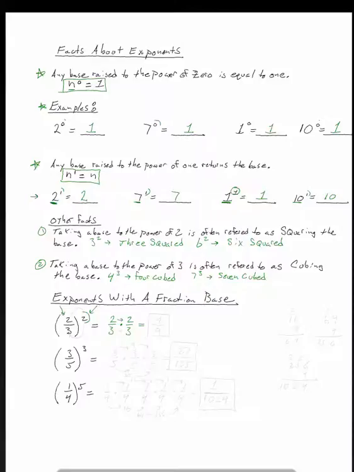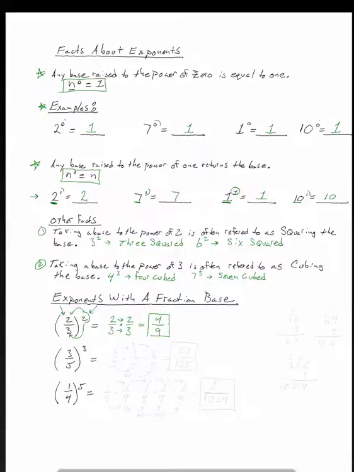So we just multiply straight across. 2 times 2 is 4. 3 times 3 is 9. The other way of thinking about it is that if you have a fractional base being raised to a power, the power applies to the numerator and the denominator. 2 to the power of 2 is 4, and 3 to the power of 2 is 9.